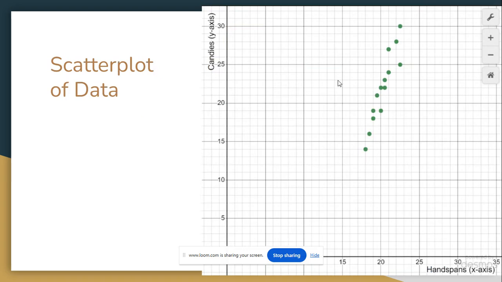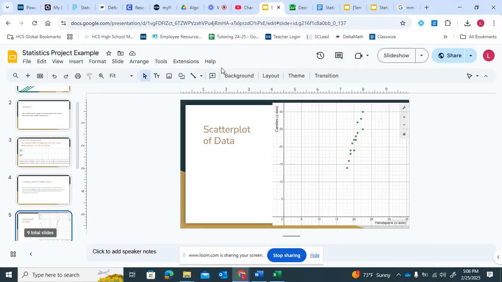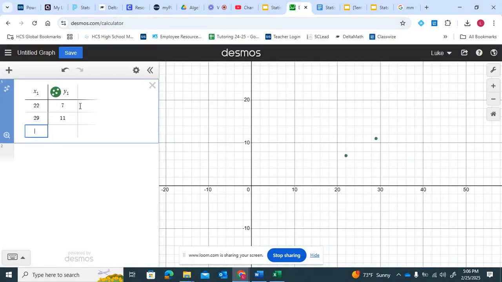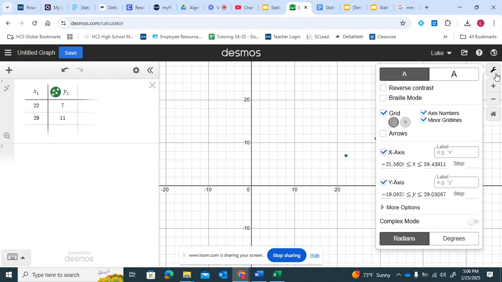And then once you have your scatter plot, you need to actually label which one is X and which one is Y. So going back to, we only have 2 data points, but if you click on this little graph settings, it says right here, X axis. Well, X axis was foot length.